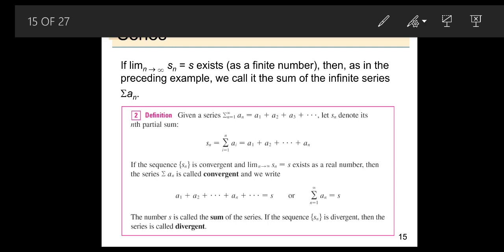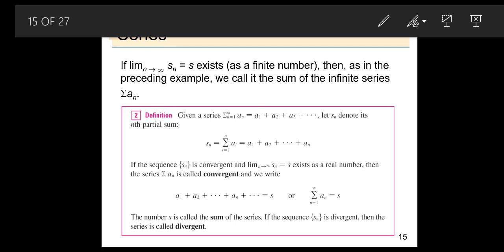Suppose this s sub n is s sub 18, then it goes up to a of 18th, so that would be the 18th term.